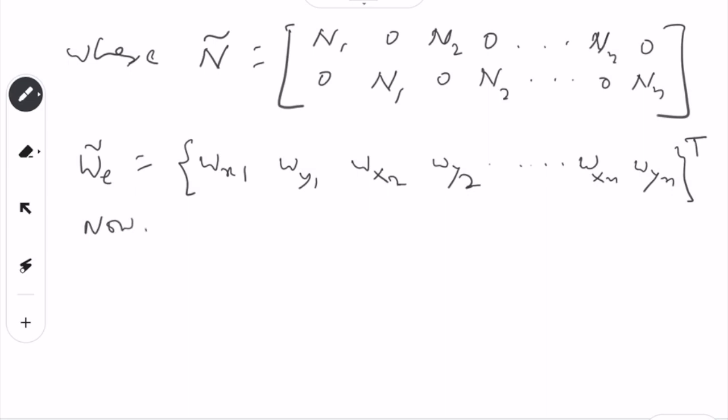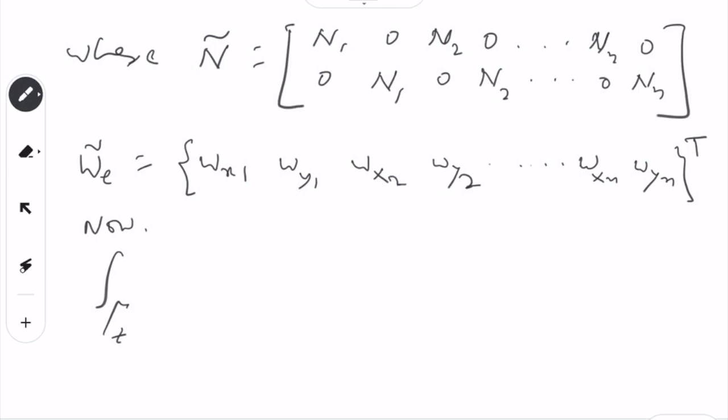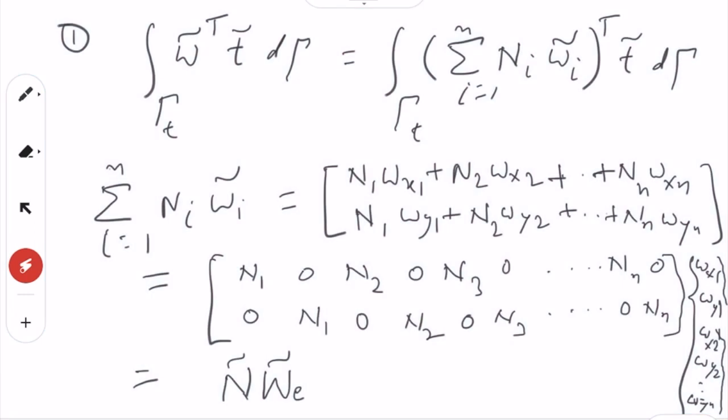Now, again, gamma t, then what do we have, this value, right. So, W tilde transpose t tilde d gamma will be equal to gamma t, and then we put this one.